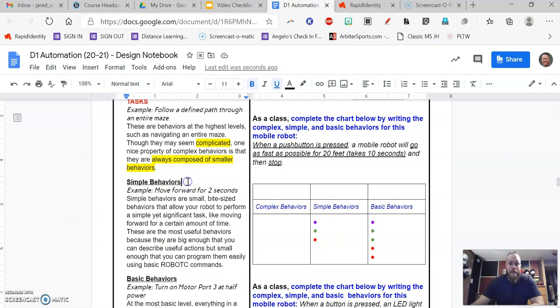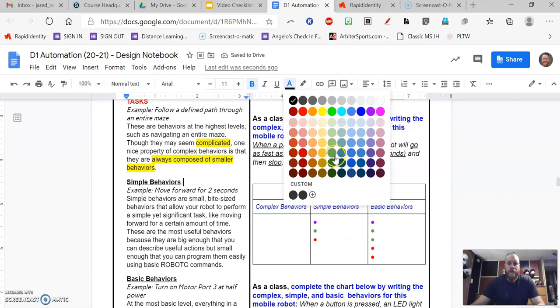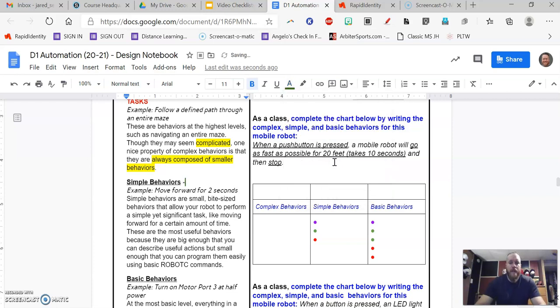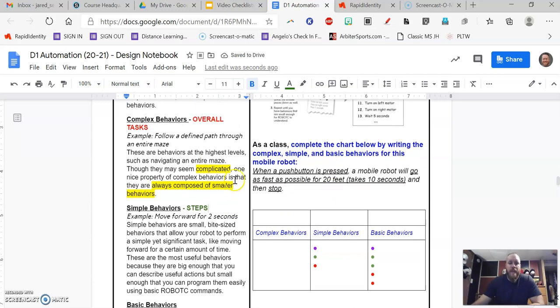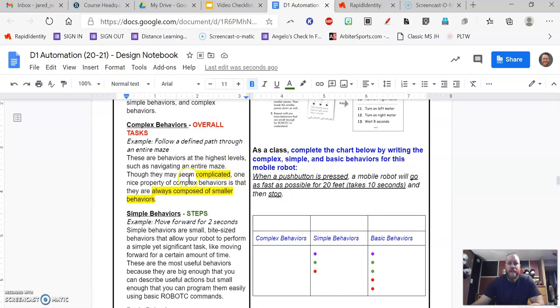Okay, so what is a simple behavior? Well, a simple behavior, I'm going to choose green for this one, a simple behavior, these are the steps. So again, if the complex behavior is the overall task, what are the steps to get that robot to go through a maze? Well, first example might be that it needs to move forward for 2 seconds.